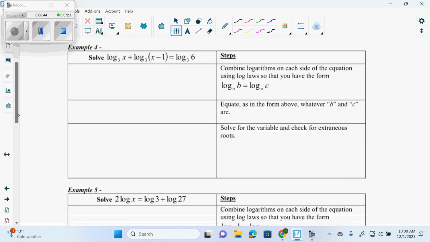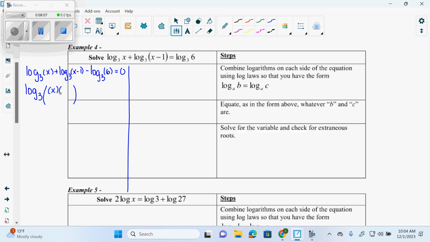Okay, I want you guys to try this one on your own. So we're going to get log base 3 of x plus log base 3 of x minus 1 minus log base 3 of 6 equals 0. And then we get log base 3 of x times x minus 1 all over 6 equals 0.